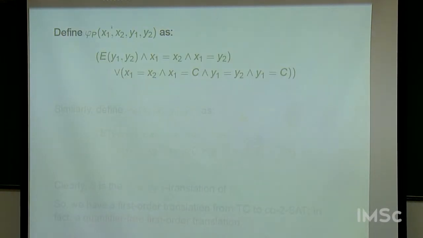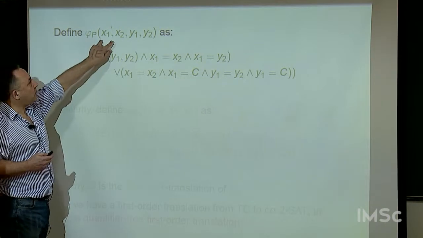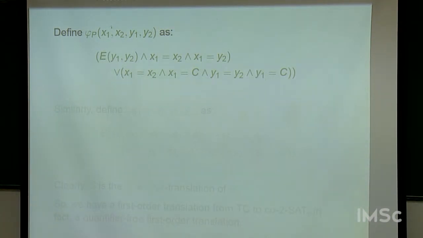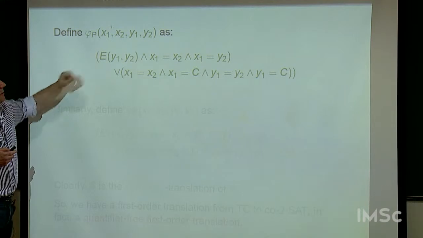So it's going to be an arity 2 translation, so I'm going to have tuples consisting of just pairs of variables. And what does this first clause say?